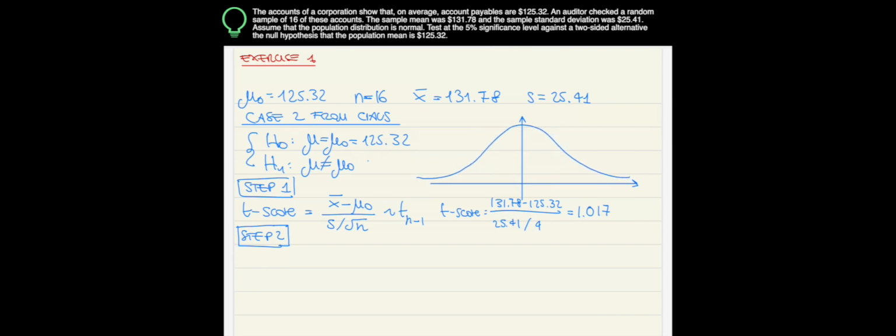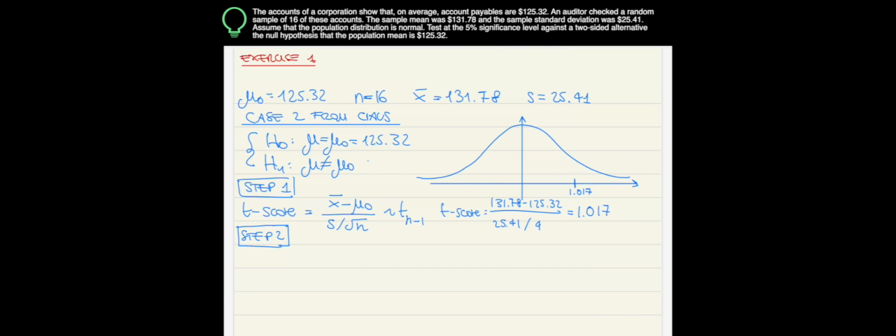We found a t-score of 1.017. The p-value is the probability of having a t-score which is more extreme than the one we found.